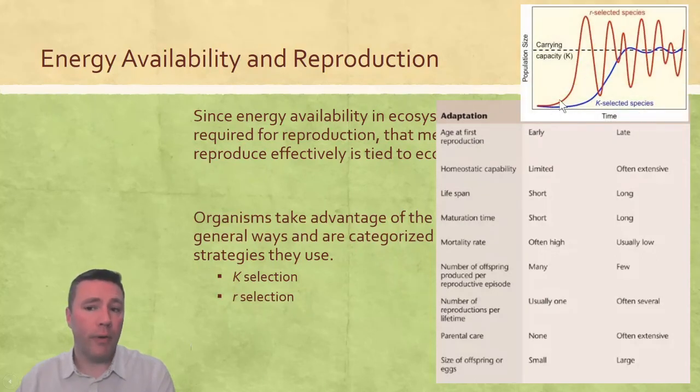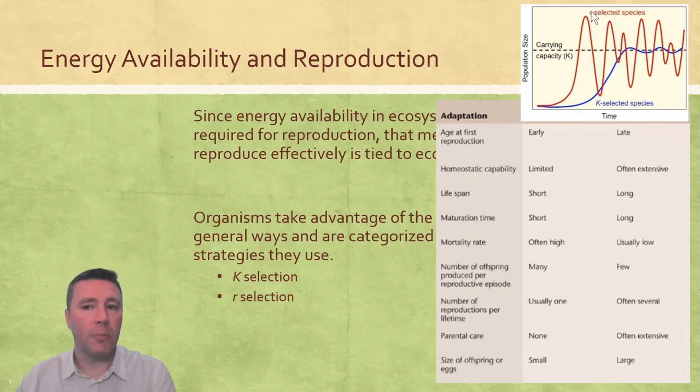It would be very wildly dramatic. It would fluctuate along with fluctuations in ecosystem food availability, and it would also be very unstable. And that's what this red line here is representing. A K-selected species, on the other hand, because it's less affected by food availability in an ecosystem, has a population that tends to remain relatively stable.